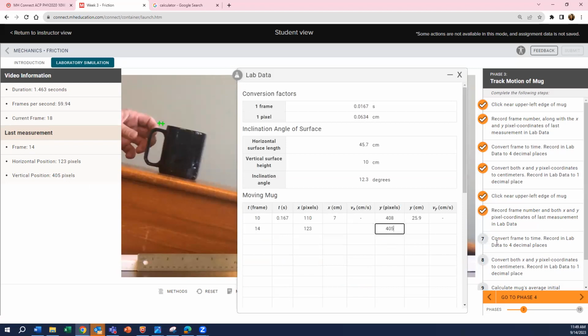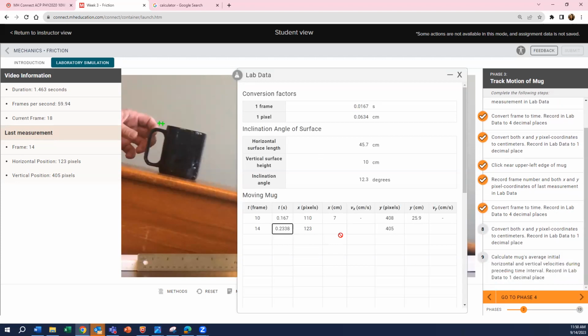Now convert frame to time and record in the lab data to 4 decimal places. You do the same thing again: 14 multiplied by 0.0167, and you will get 0.2338. So this is done.